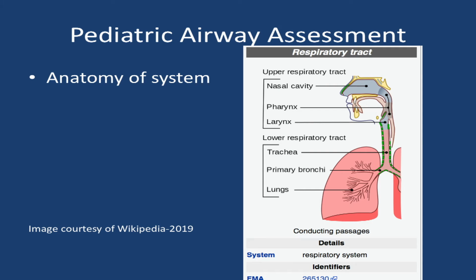This is an example of the pediatric airway anatomy. There is the nasal cavity, the pharynx, which of course is very short, the larynx, which is even shorter, and the respiratory tract from the trachea down to the primary bronchi and into the lungs. You can see that this tract in this particular model is very tall and slender, and it allows adults to have increased opportunity for good oxygen saturation.